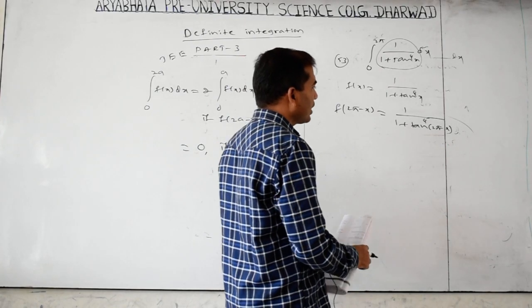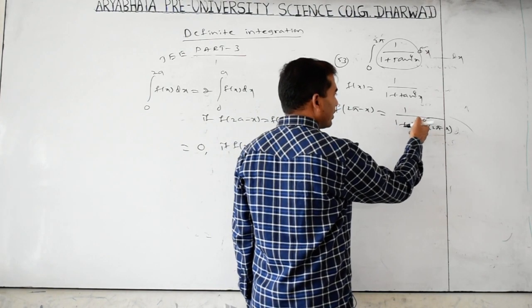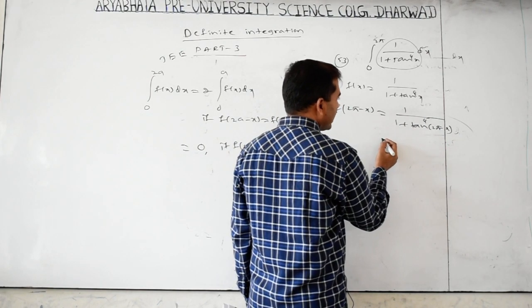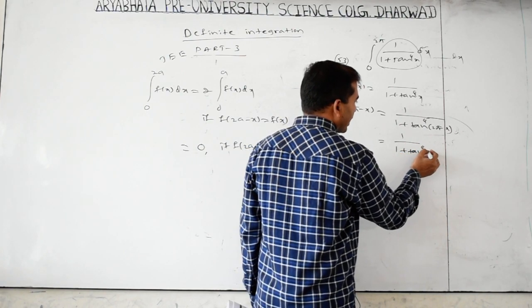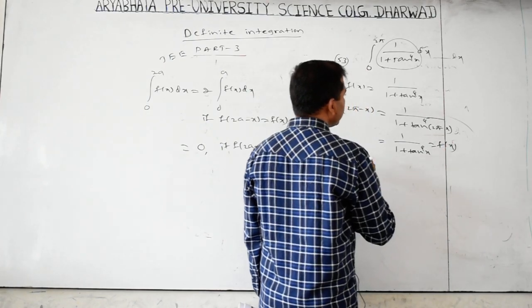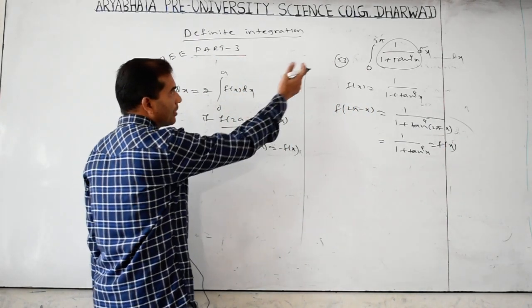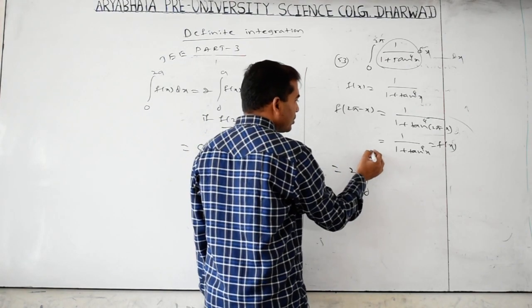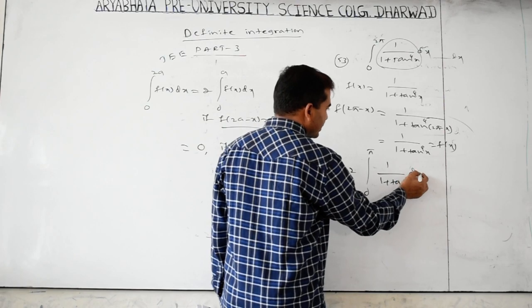In the fourth quadrant tan is negative, but the power is an even number, so the whole is positive. So we get the same thing, 1 by 1 plus tan power 4 x, that means f of x. When f of 2a minus x equals f of x, this is applicable, which equals 2 into integral 0 to pi of 1 by 1 plus tan power 4 x dx.